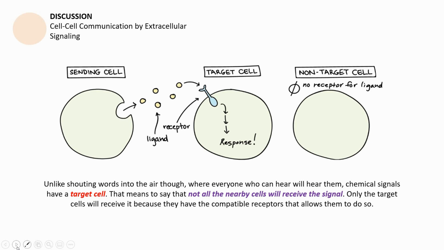Ibig sabihin, just because a particular ligand came close to a cell, it doesn't mean na maapektuhan yung cell na yun. Dapat yung cell na yun, meron siyang, you guessed it, receptor. So not all nearby cells will receive the signal. Only the target cells will receive it because they have compatible receptors that allow them to do so. Ang receptor is taga-receive. Receive, receptor.